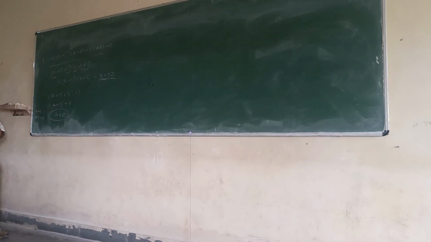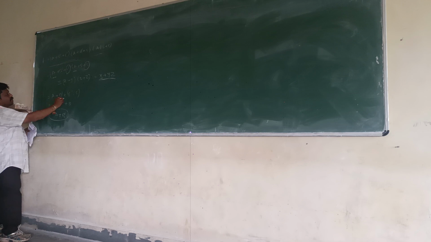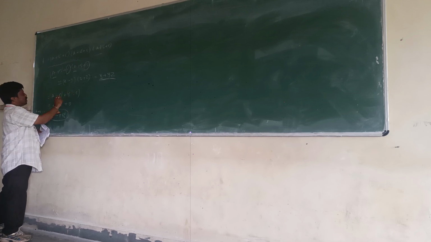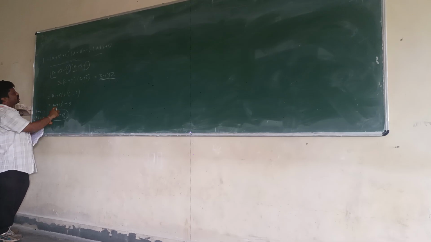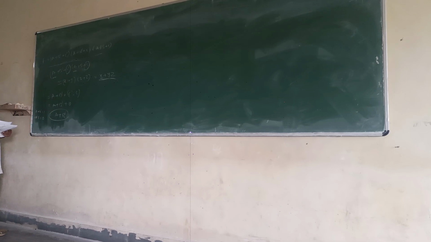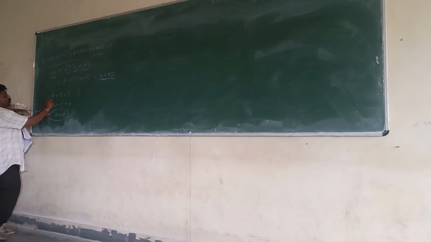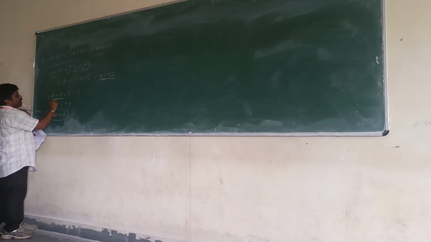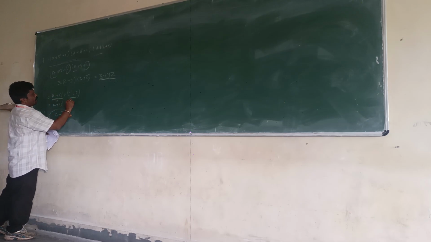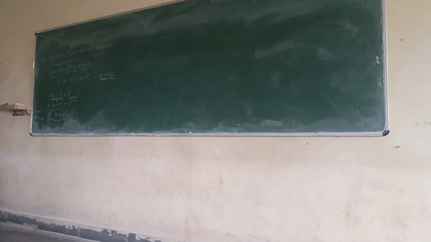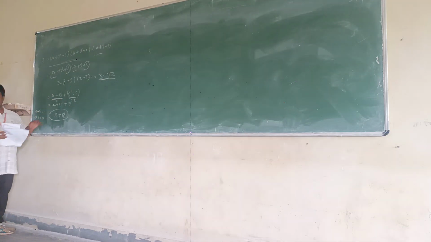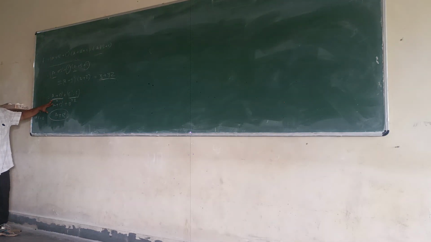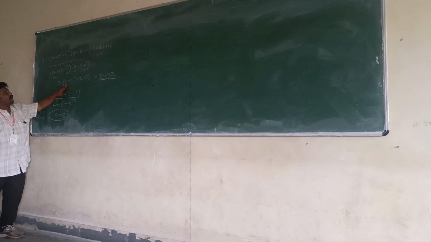Here we don't get multiplication, we just apply the rule. This term is to be considered as x, this as y and z. a plus b bar is the x here, the complete term as x. x plus y equals x plus z.